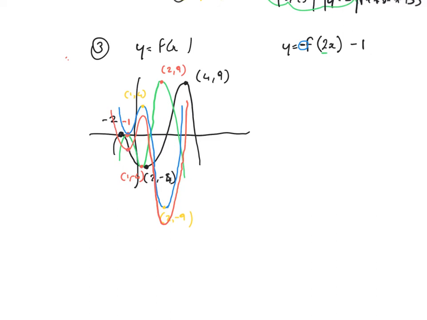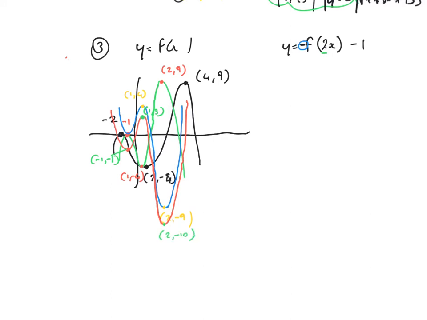Okay, so let's put these points then in green. So minus 1, 0 down to minus 1, 1. 1, 4 down to 1, 3. And 2, minus 9 down to 2, minus 10.